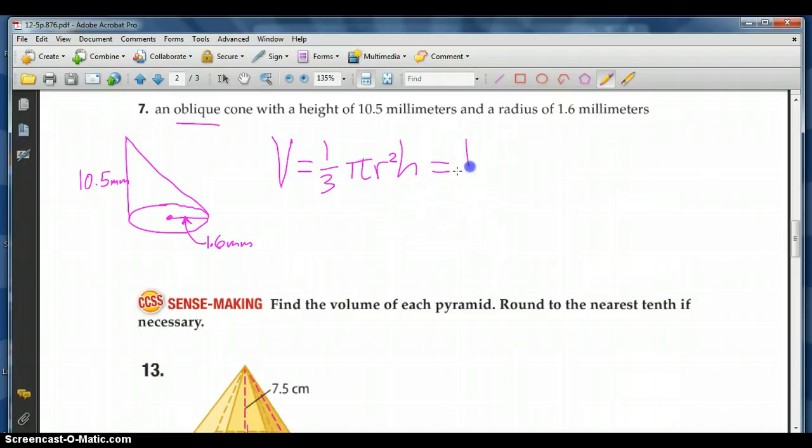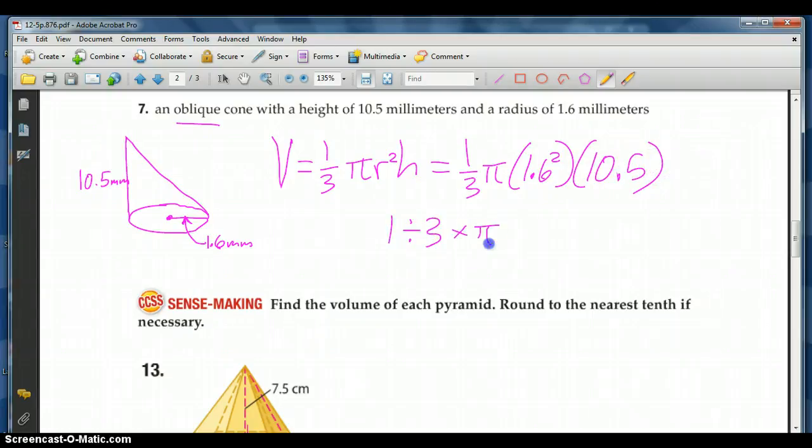So in this case, 1/3 times pi, our radius is given, that's 1.6 squared, times the height, 10.5. So 1 divided by 3 times pi times 1.6 squared times 10.5 would round to approximately 28.1 cubic millimeters.